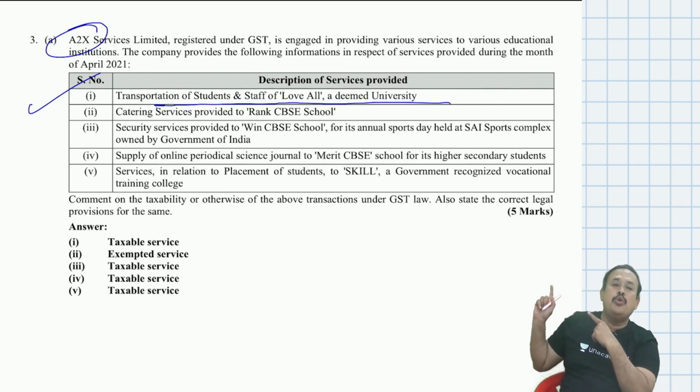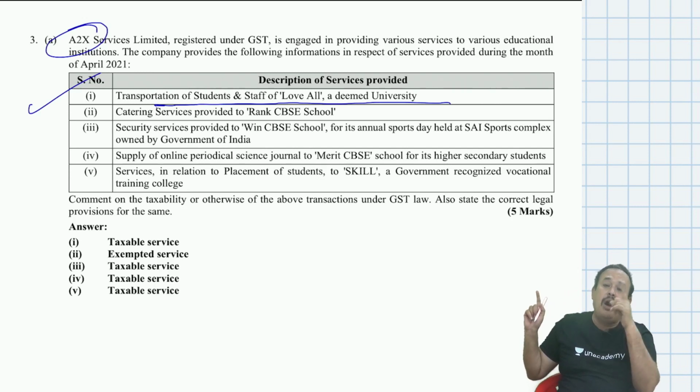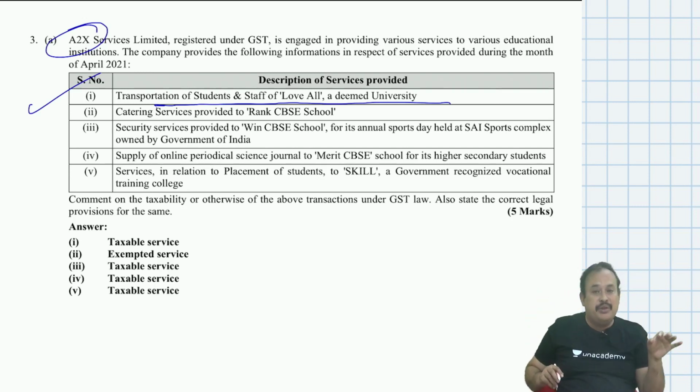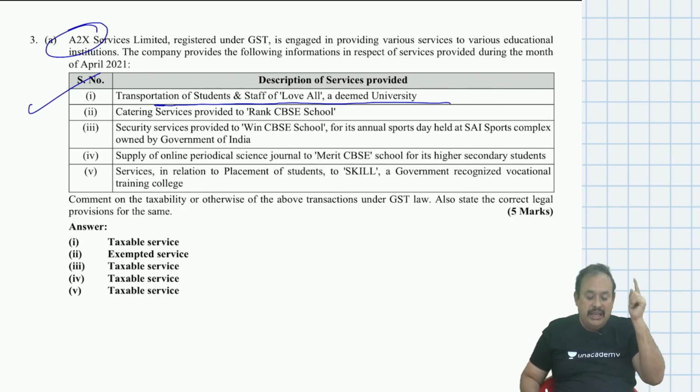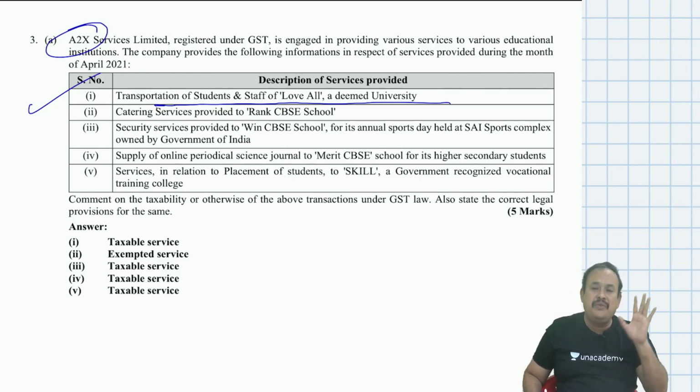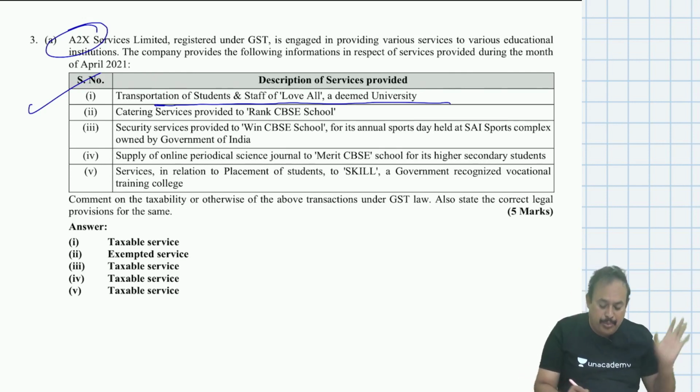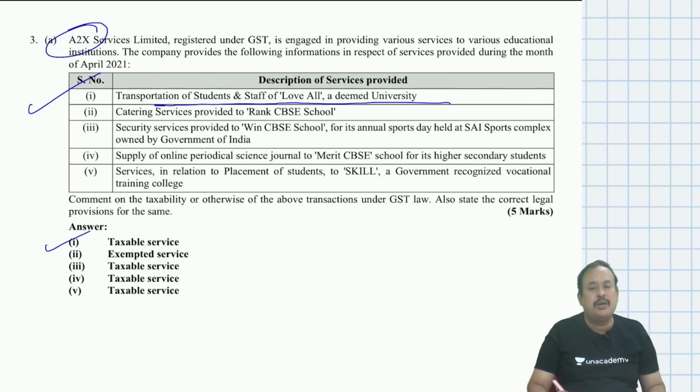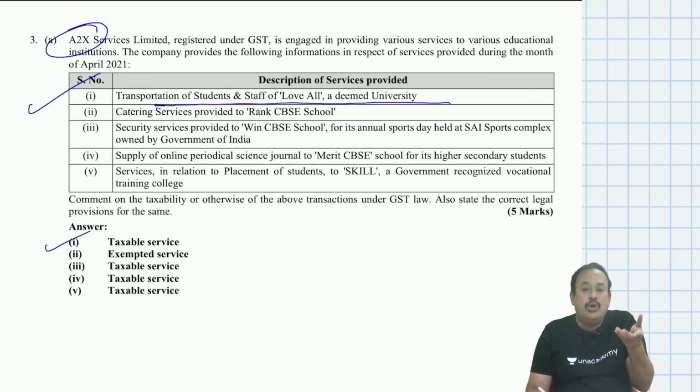But here it is given to whom? To Love All, a particular deemed university, which is not qualified for exemption. So A2X Services Limited is liable to pay GST, as it does not qualify for exemption and is a taxable supply. See, first point, taxable supply. Why taxable? Since it is not provided to preschool or higher secondary school, it is a deemed university, which is taxable.